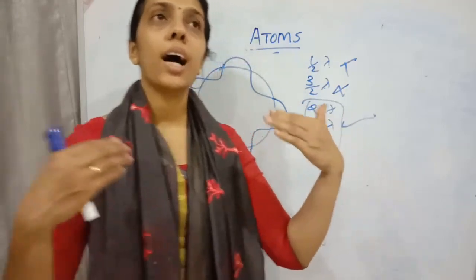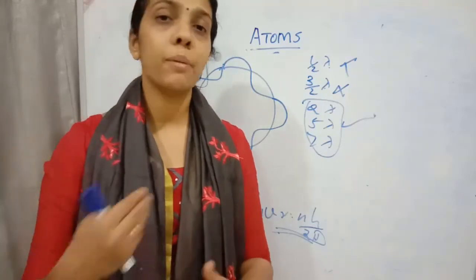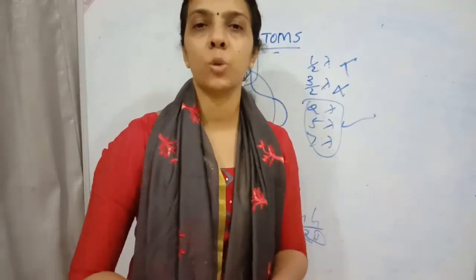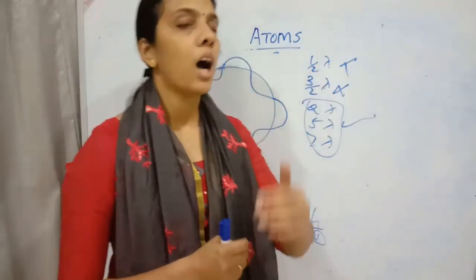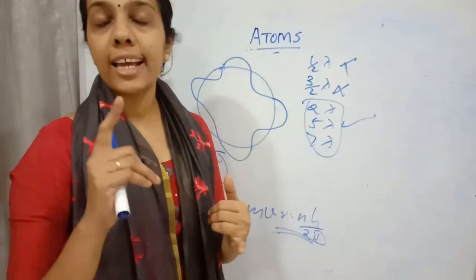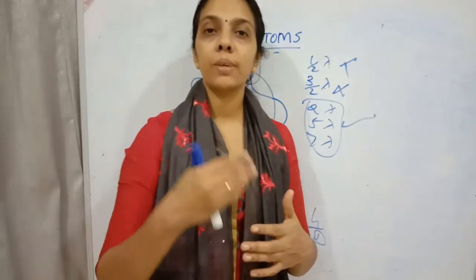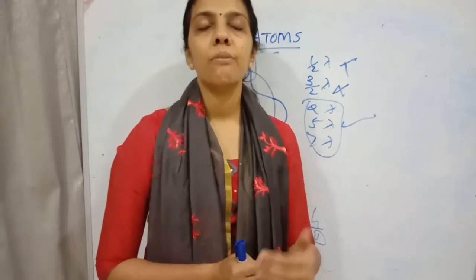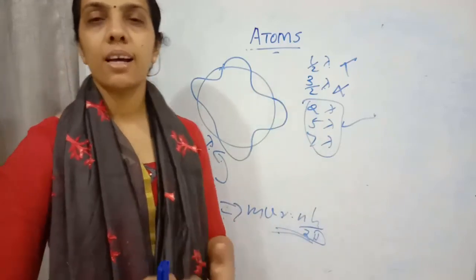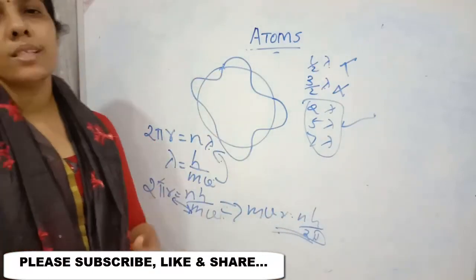When we move to helium, neon and other elements, the interaction between the electrons also comes into account, and it gives no idea about these things. So it can explain only the hydrogen atom. It also does not satisfy the wave properties of electrons. And the Zeeman effect is also not explained. These are some limitations of Bohr's atom model.